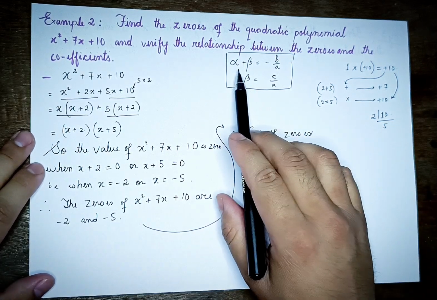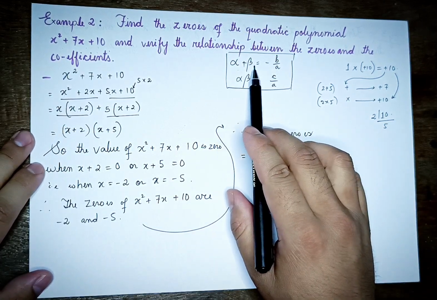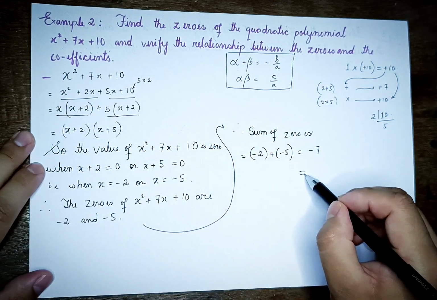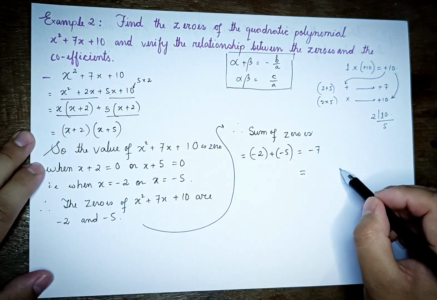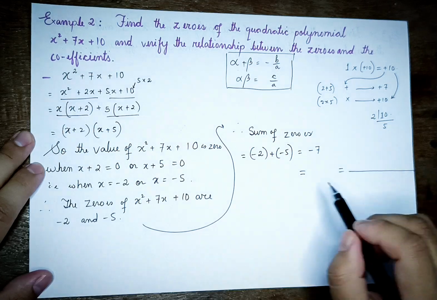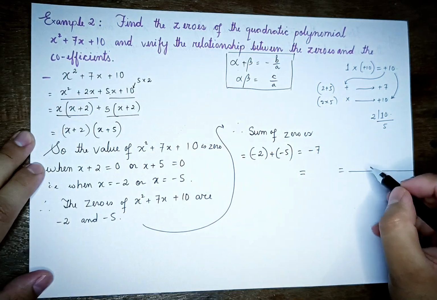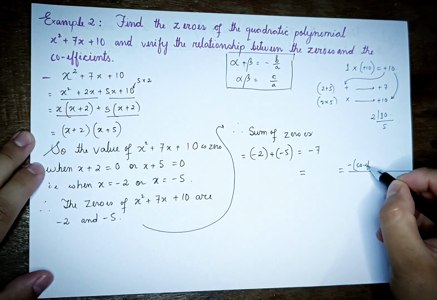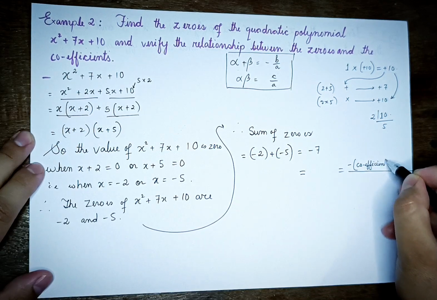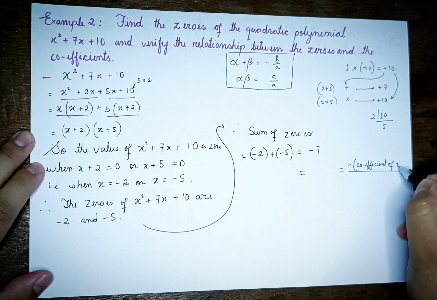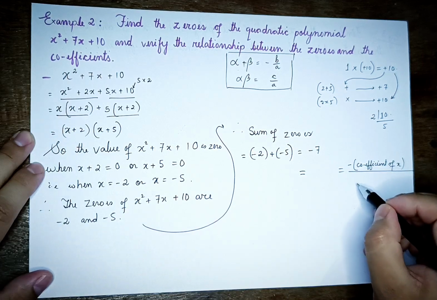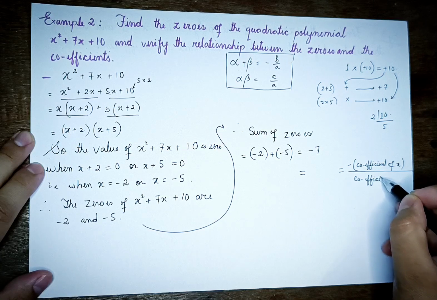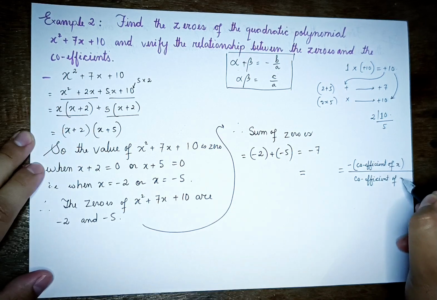We already know that the sum of zeros is given by minus of the coefficient of x, divided by the coefficient of x squared.